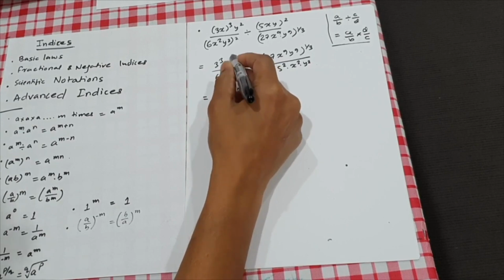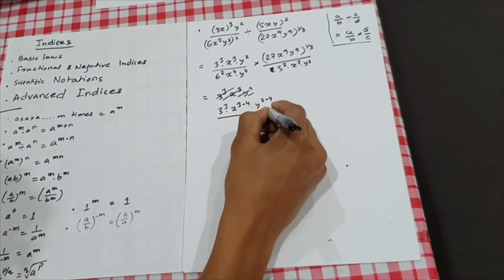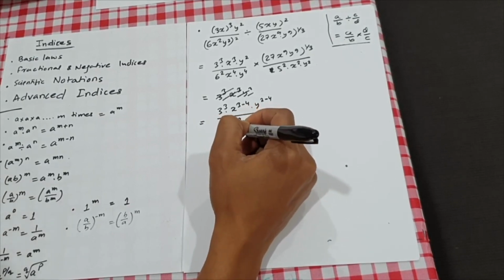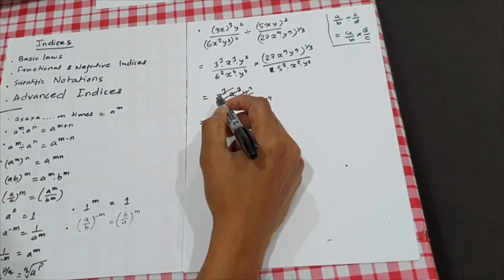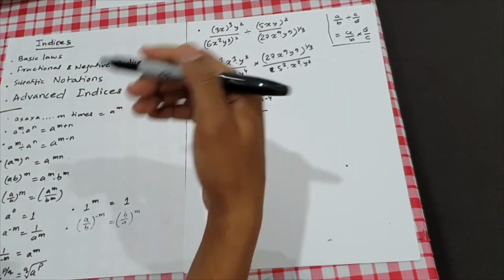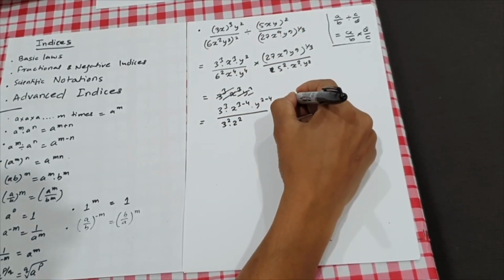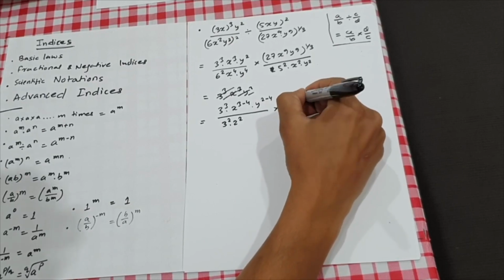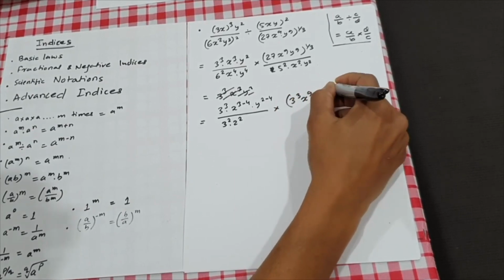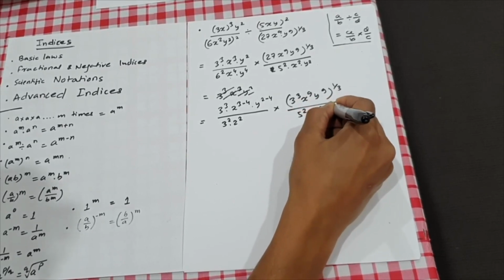I have taken x4 there. Y square minus 4. And this number is actually 3 squared times 2 squared. So 6 is 3 times 2, right? So if you take a bracket and write 3 times 2 and then do a square of that, this is what you get. In this one, this is 3 cube x9 y9 to the power 1/3, 5 squared x squared y squared.